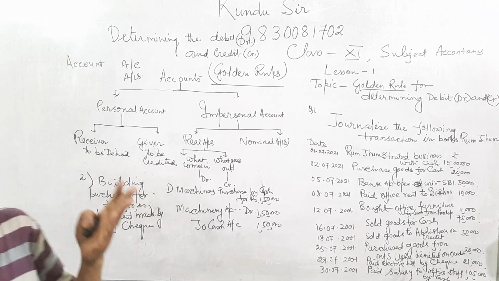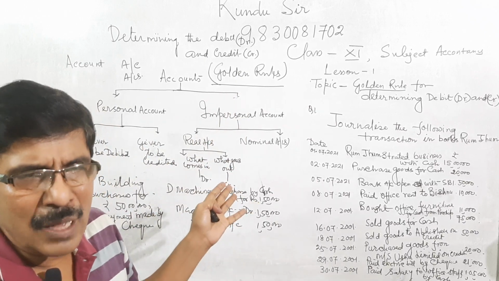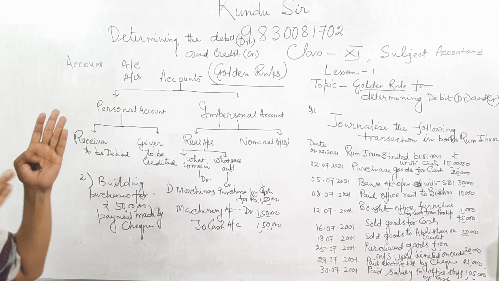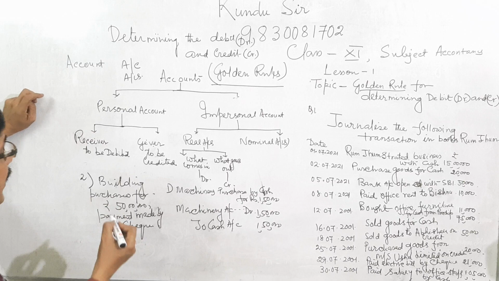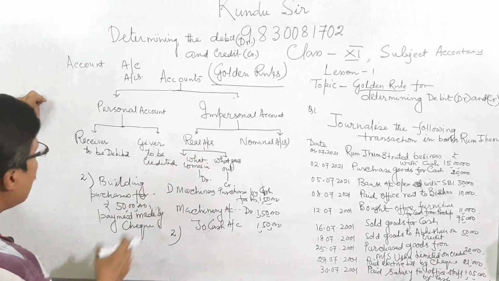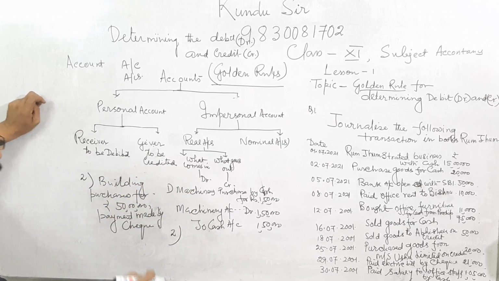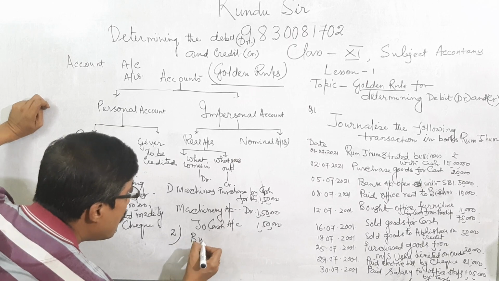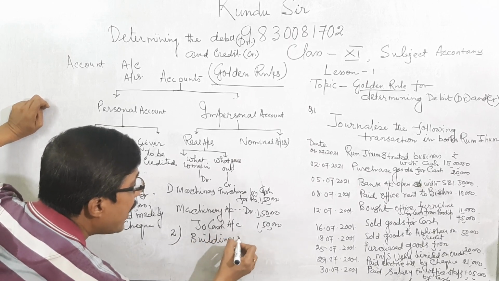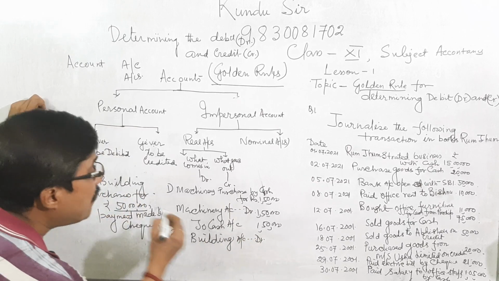You can write office building because we are maintaining the account for the office, not for a personal account here. What will be the entry? We are getting building, so building account is to be debited by rupees 50 lakhs.